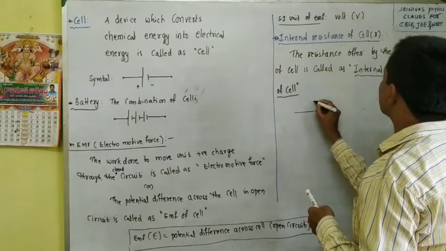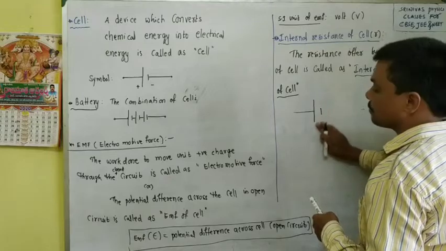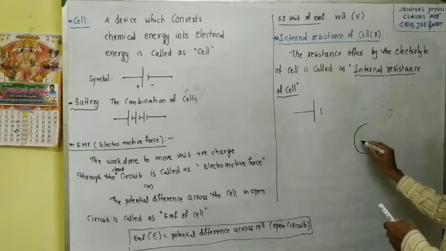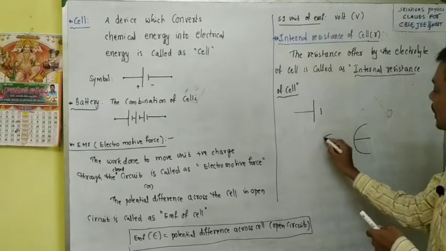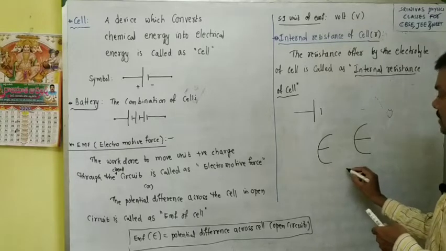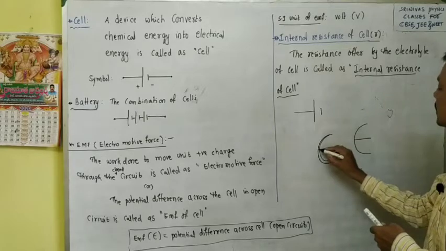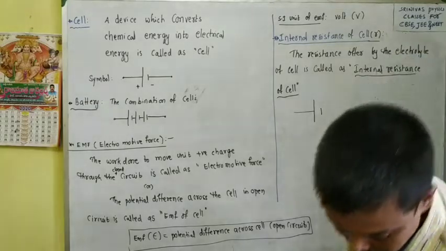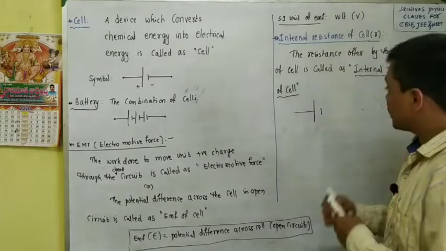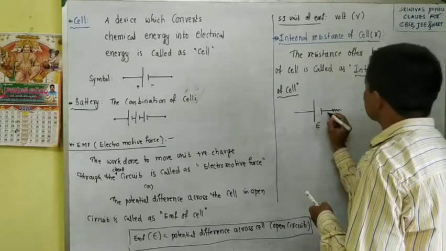This is, for example, a cell. Inside the cell, this EMF is E. You have to denote it like this, just like epsilon. There are many confusions in the letters, and remember this is the EMF. Capital E is the electric field intensity, but we can read EMF as E. EMF is E, and it has some internal resistance inside the cell.